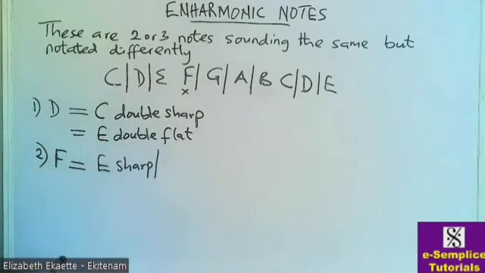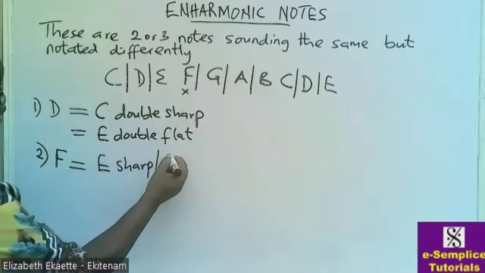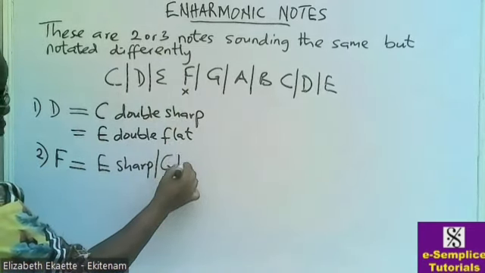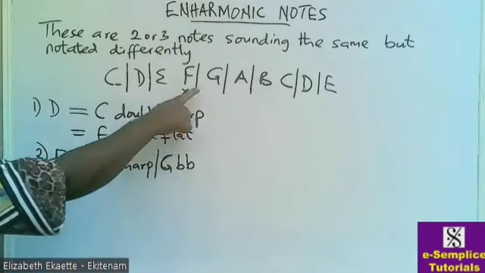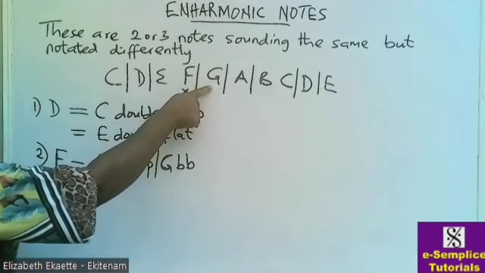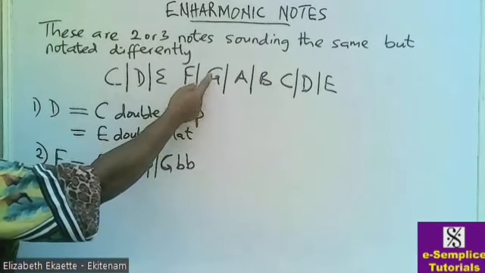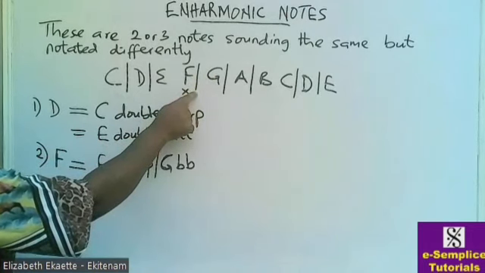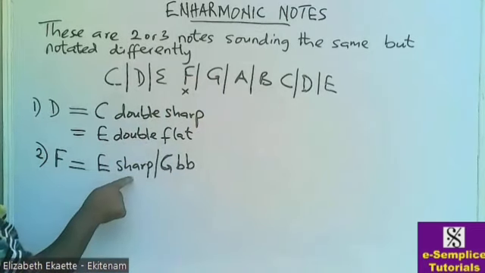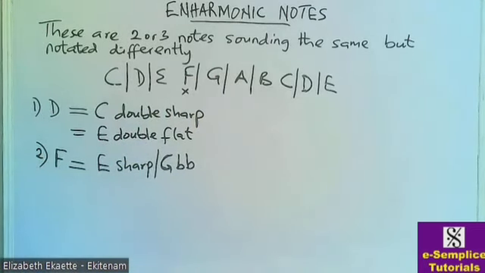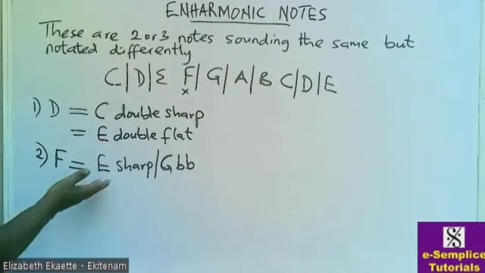Now, approaching it from this other side, I'm going to use G double flat. If you flatten G twice, you will land on F. The first flat will put you on G flat, the second flat will put you on F. So G double flat and E sharp and F are enharmonic notes because the three of them sound exactly the same, only that they are written down differently.